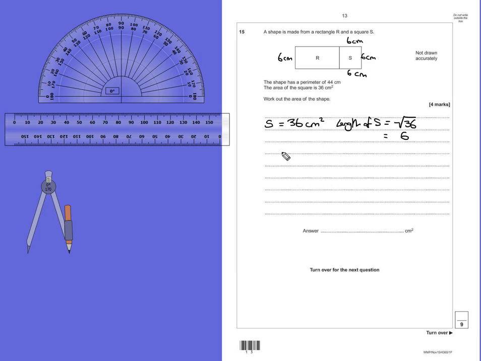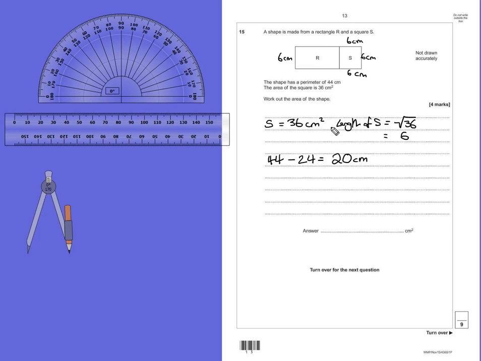We've got 4 lots of 6 there. So if we start with the total perimeter, 44, we take away 6, add 6, add 6, add 6, which is 24. Take away all those numbers that we know, we're left with 20 centimetres on our perimeter.